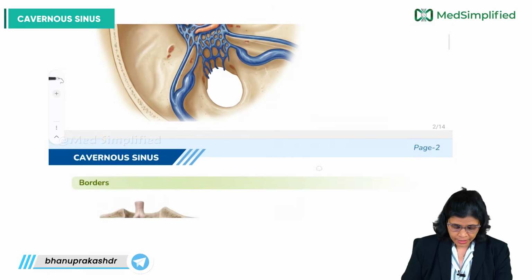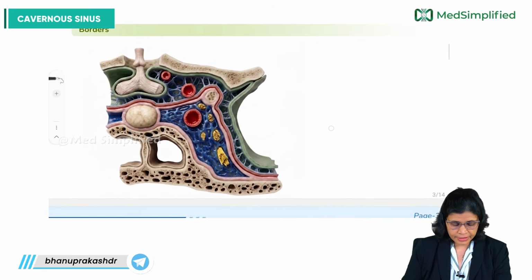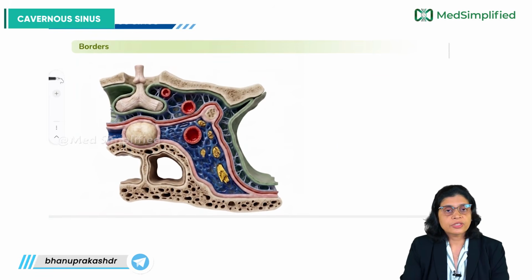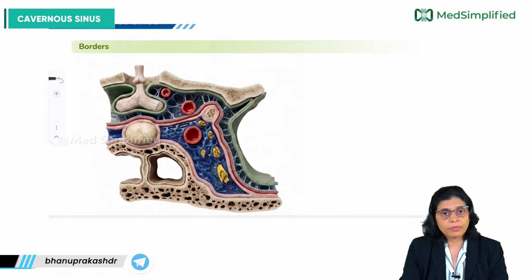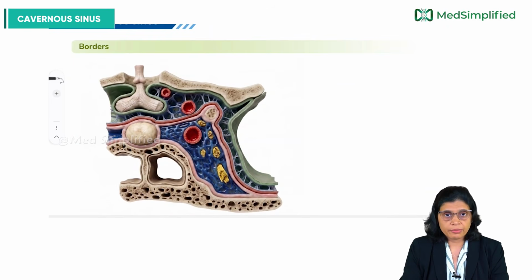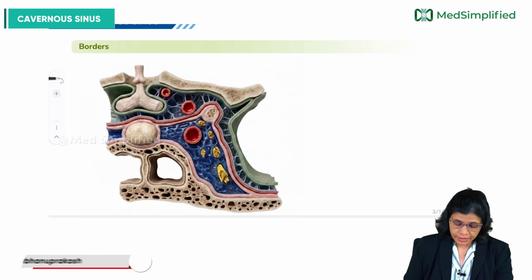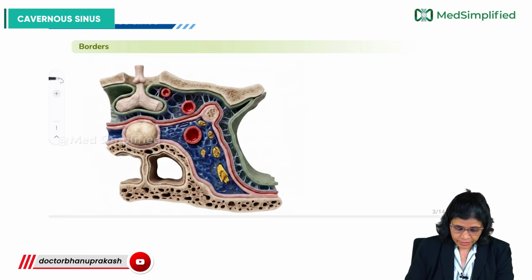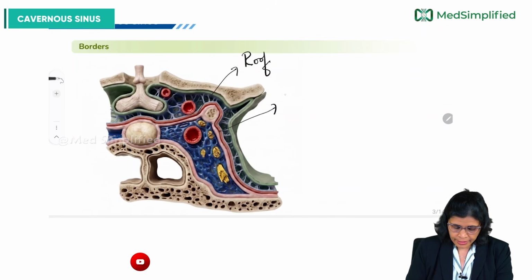Now let's see the borders and the contents of the cavernous sinus. Since the cavernous sinus is formed by two layers of the dura mater, that is the endosteal layer and the meningeal layer, here we can see the roof and the lateral wall.